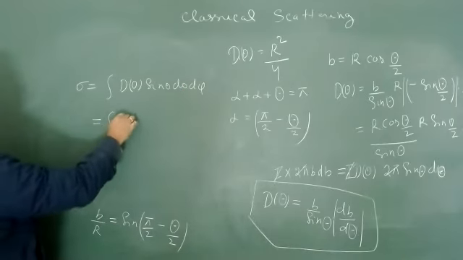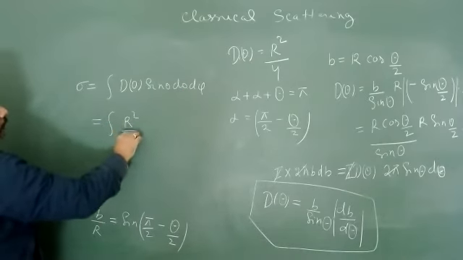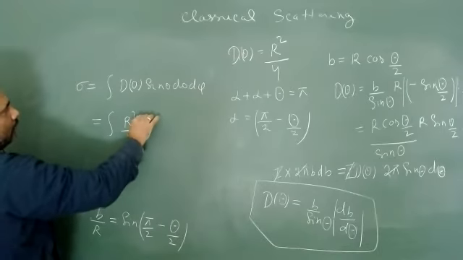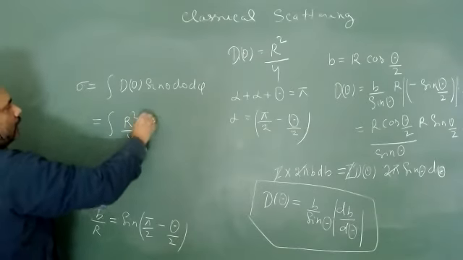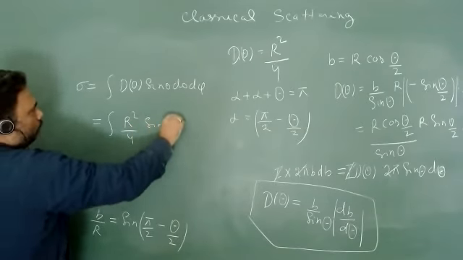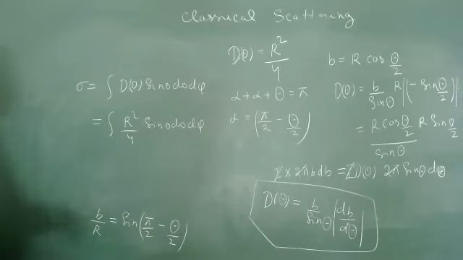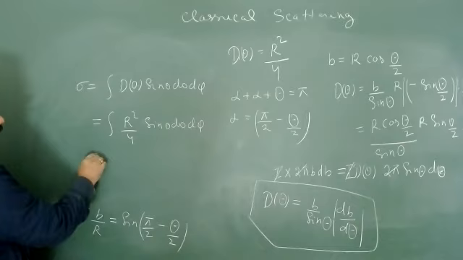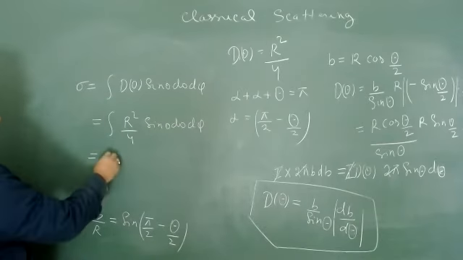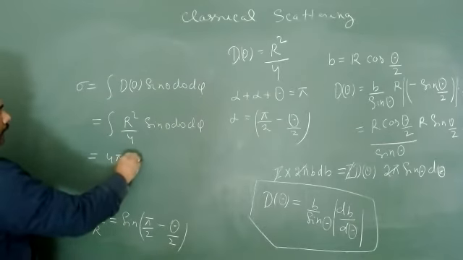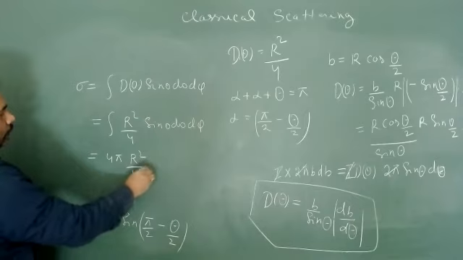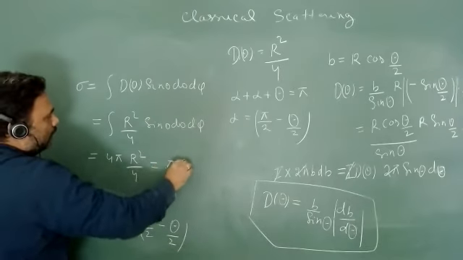You have r square by 4, and what is the integral of sin theta d theta d phi? It is 4 pi. So 4 pi into r square by 4, that is pi r square.